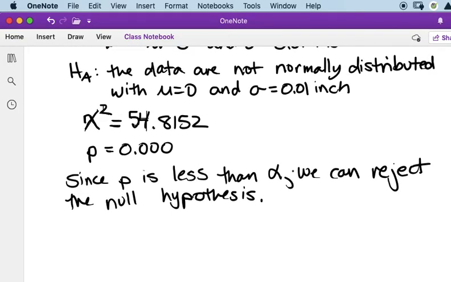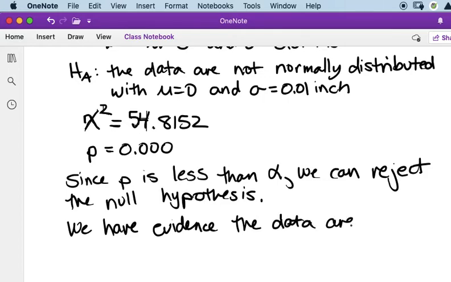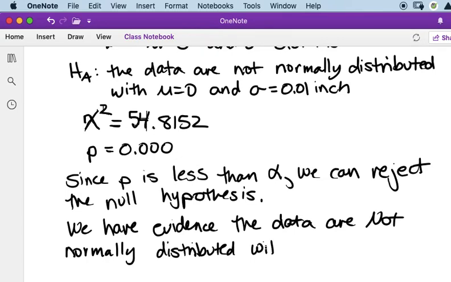So we have evidence that the data are not actually normally distributed with mean of 0 and standard deviation of 0.01.